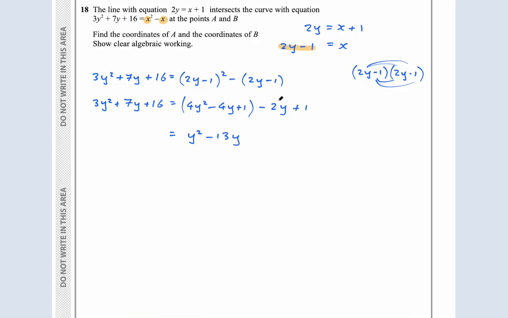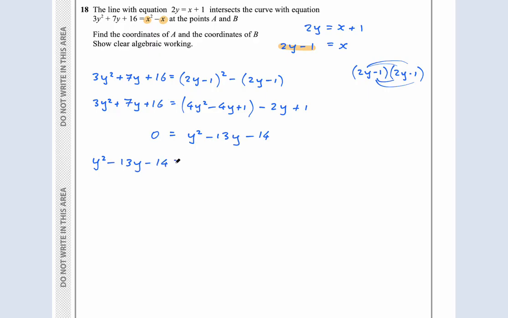And then 1 plus 1 is 2. 2 minus 16 is minus 14. Just make sure you understand how I did that, as I may have skipped a step. Okay, now I need to find y. So y squared minus 13y minus 14.